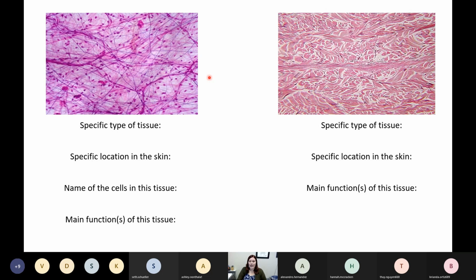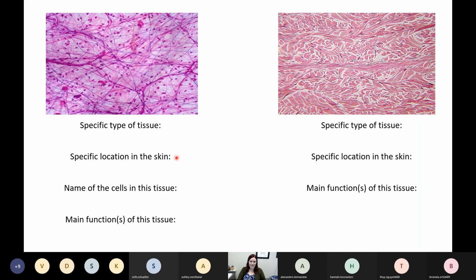When we talk about the areolar loose connective tissue that I see here, this is the kind of tissue that I find in the place of the skin that has those up and down bumps. What was that upper part of the dermis called with those up and down bumps? Or in other words, what's the specific location of areolar loose connective tissue?